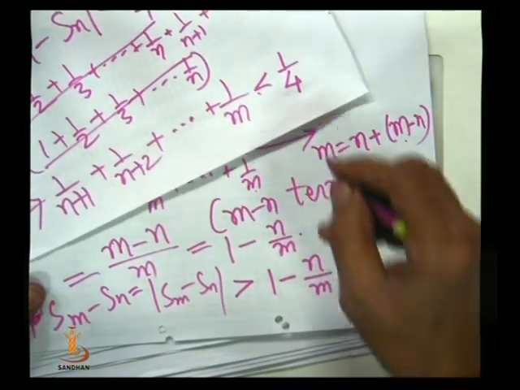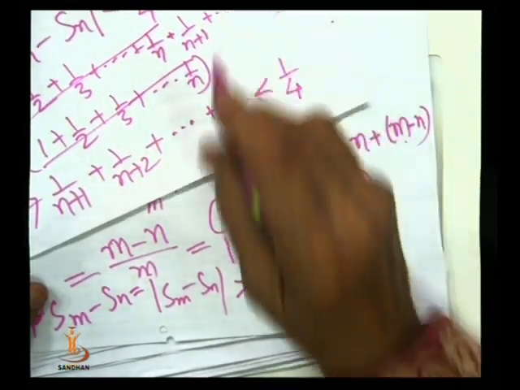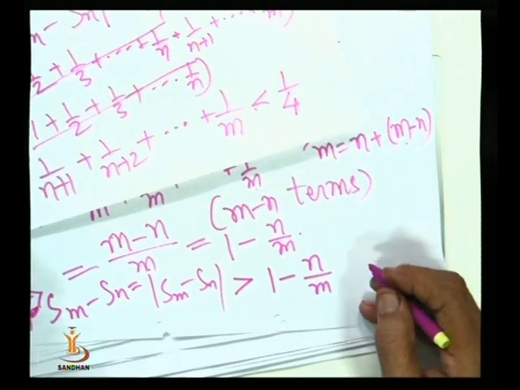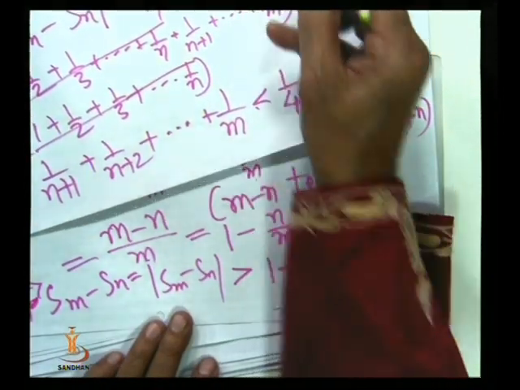Now this is true for all n greater than or equal to n 0. So I take m greater than n greater than or equal to n 0.